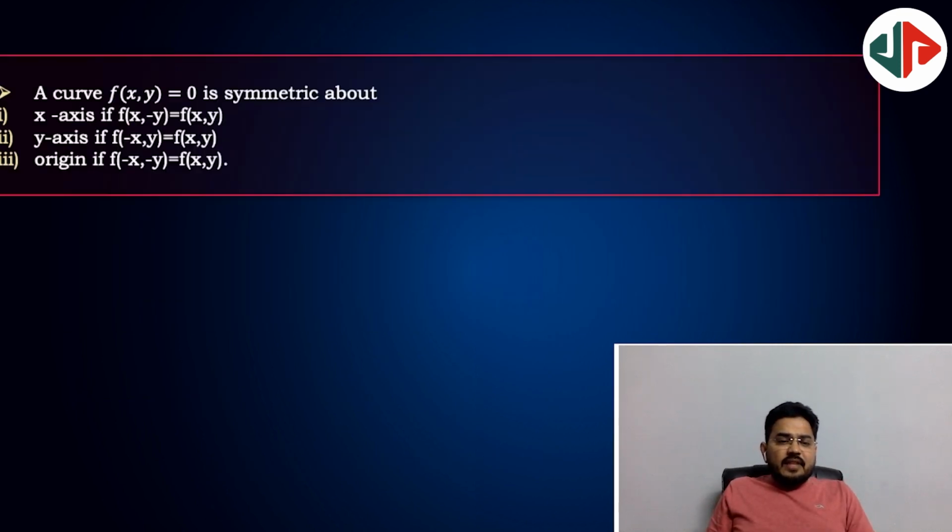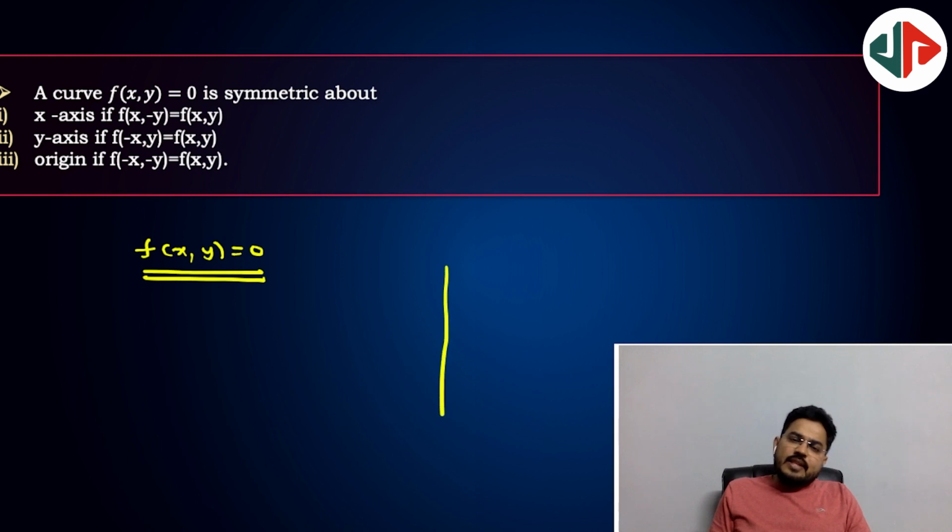Moving to the next one. When the curve is given, how can we say whether it is symmetric about the x-axis, symmetric about the y-axis, or the origin? If any curve f of x comma y is equal to 0 is symmetric about the x-axis, where is the x-axis?